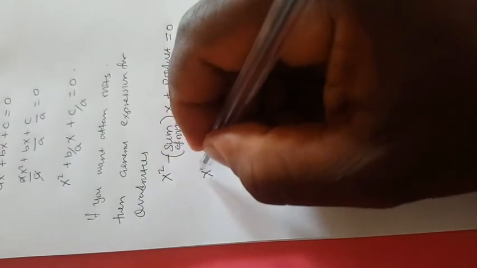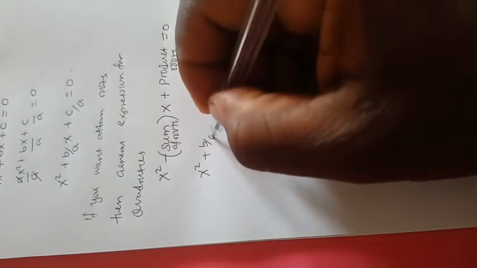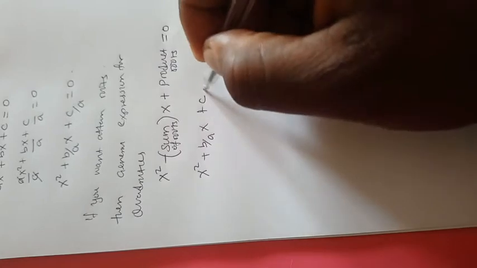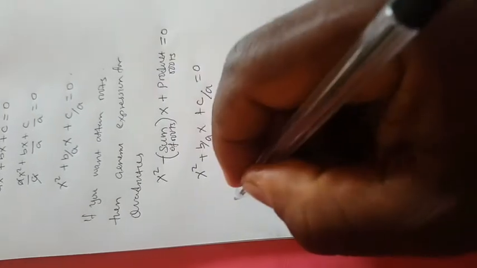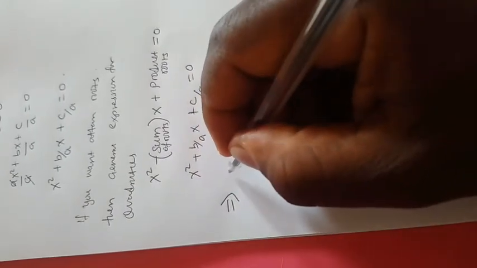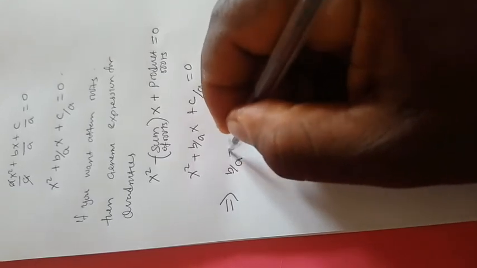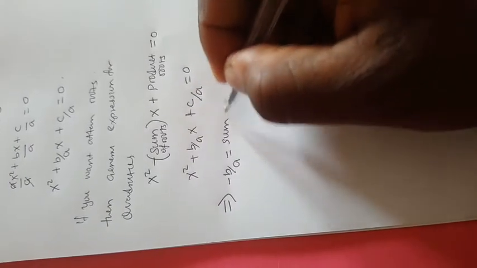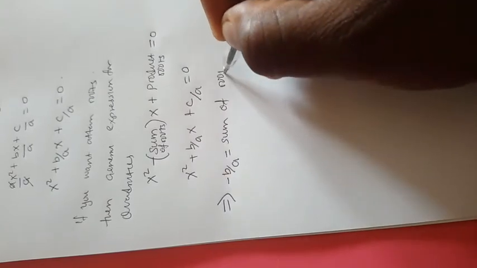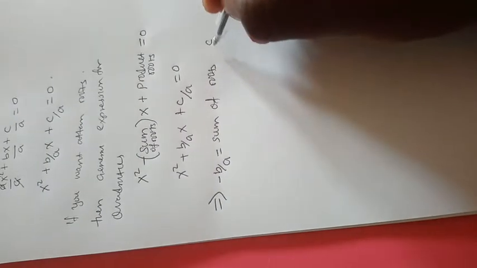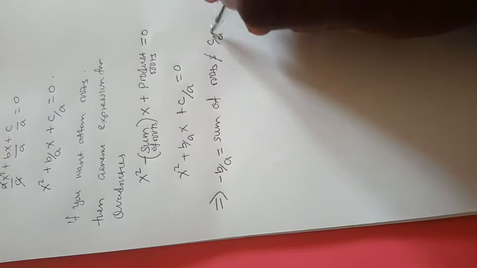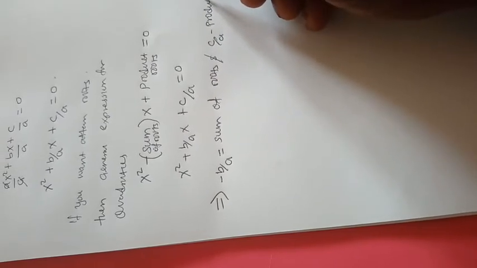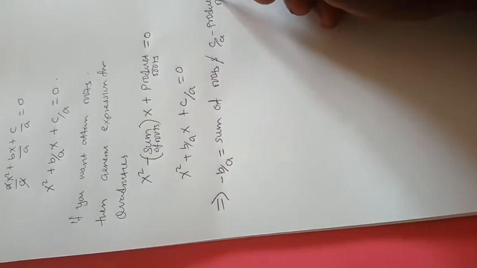And this should give us what? 0. So if you compare this equation with x squared plus b over a x plus c over a is equal to 0, this would imply that b over a is always equal to the negative of the sum of the roots, while c over a is always the product of the roots.